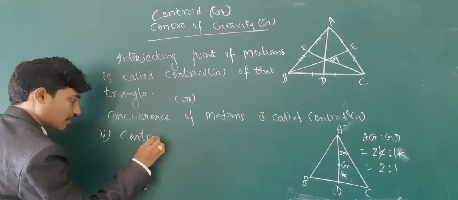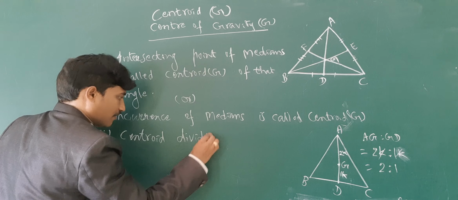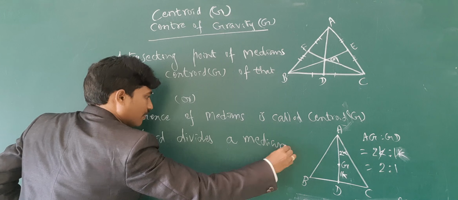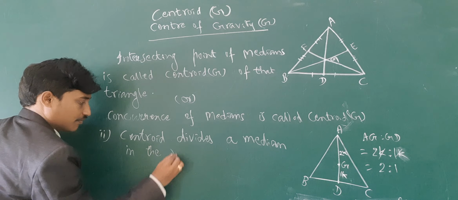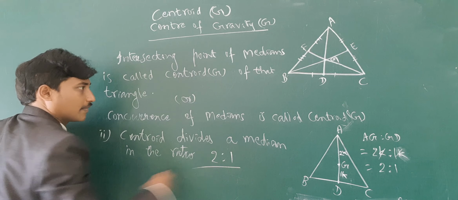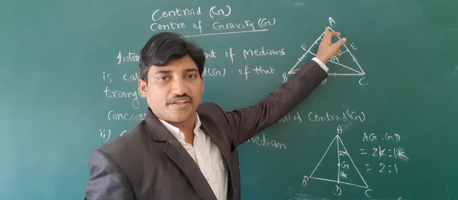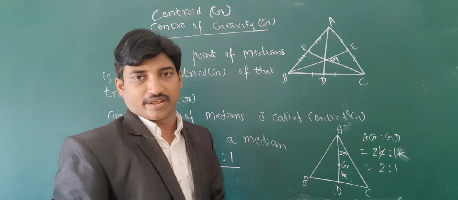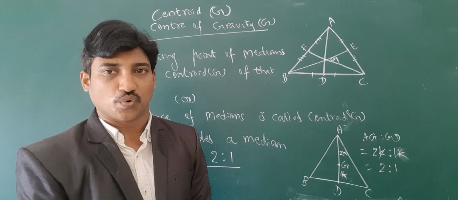The centroid divides a median in the ratio 2:1. Here in triangle ABC, AD, BE and CF are the medians, so the centroid divides each median in the ratio 2:1.